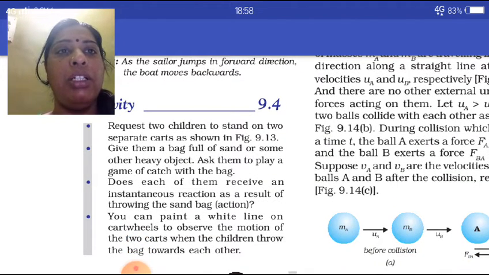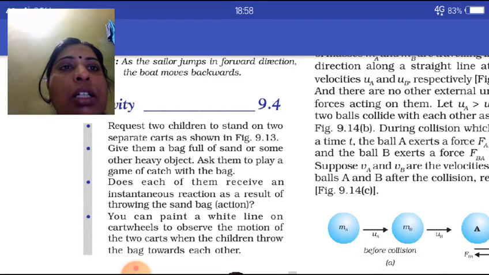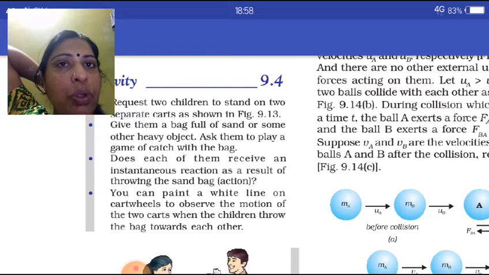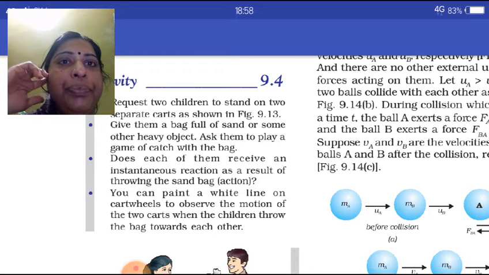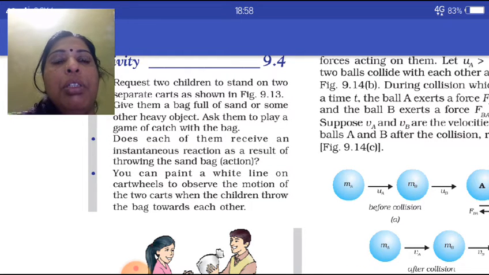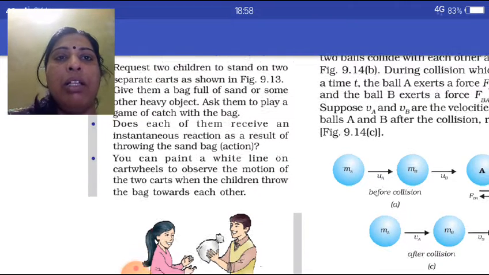Request two children to stand on two separate carts as shown in figure 9.13. Give them a bag full of sand or some other heavy object. Ask them to play a game of catch with the bag.